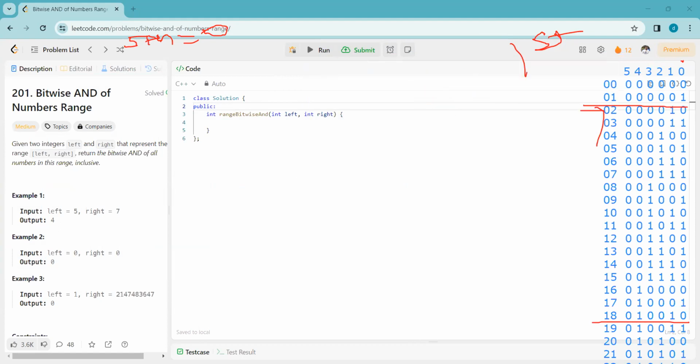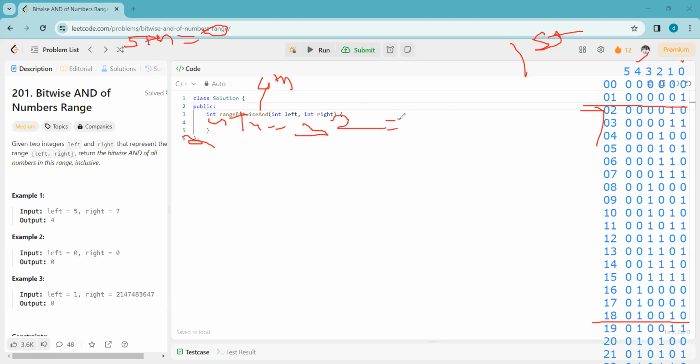Now look at the fourth bit. The range after which the pattern is repeating for the fourth bit is 2 to the power 4 plus 1, that is 32.